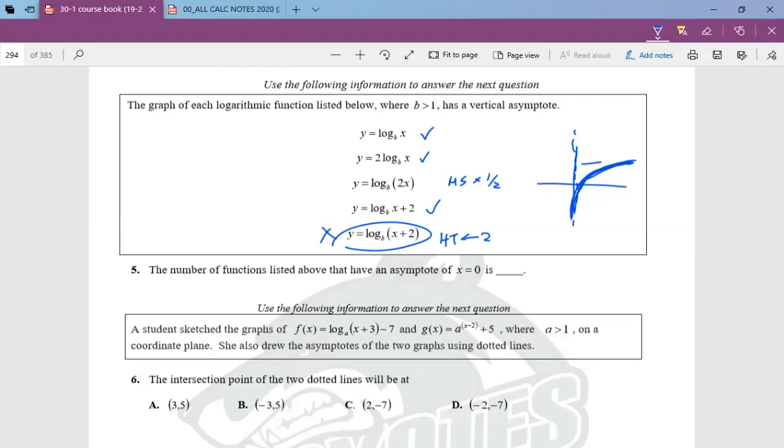And so everything is going to be closer to the stretching line, which in this case is the y-axis. Because your asymptote is the y-axis, that hasn't moved its asymptote. So the number of functions listed that have an asymptote of x equals 0 is 4, and the only one that doesn't is that last one.